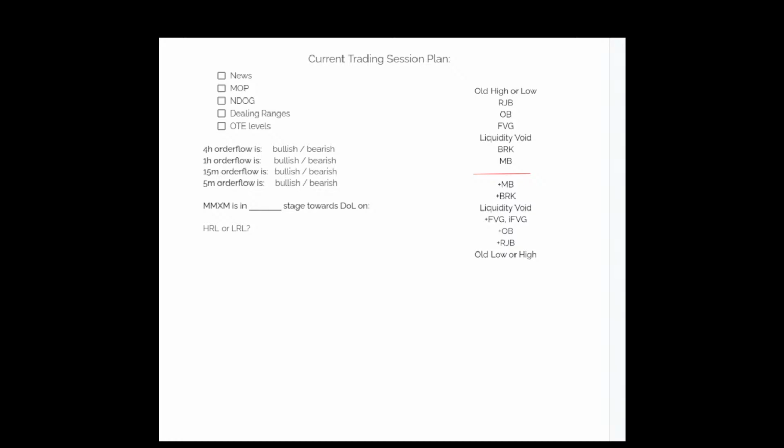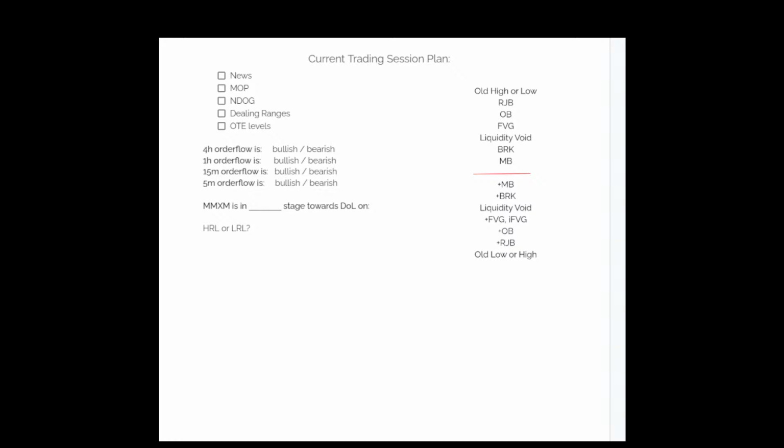Tuesday, 6 p.m. Well, there's a little one over there, but not relevant. It's already been filled in probably multiple times over. Dealing ranges, come to that in a minute. OT levels, come to that in a minute.